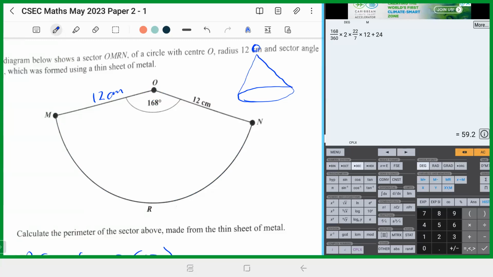This is your O, and your M and N come together right here. So this length is 12, and this arc becomes the circumference of the base of the cone.